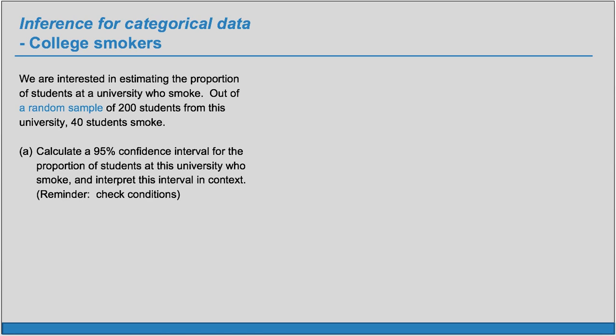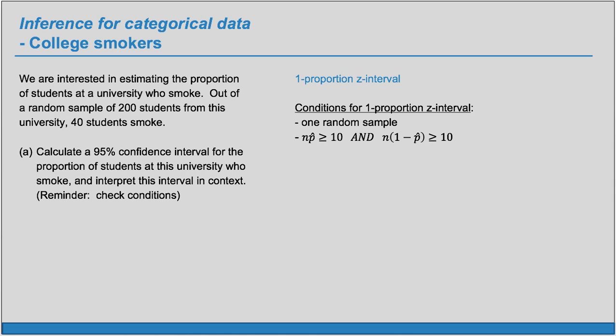So we have one random sample, and since we're looking at a proportion, this is going to be a one proportion Z interval. Now we can check the conditions for a one proportion Z interval. We need one random sample, and we need n p-hat and n(1 minus p-hat) to be greater than or equal to 10. Unlike a test of hypothesis, there is no hypothesized p to substitute in here.